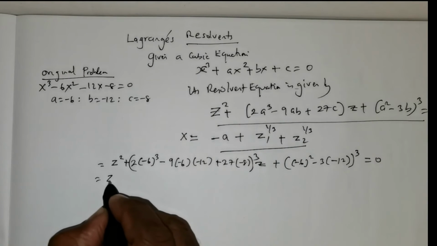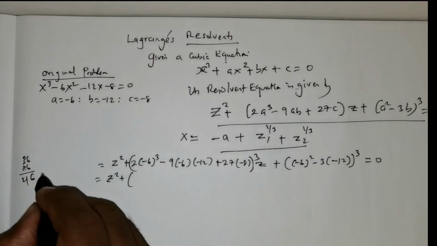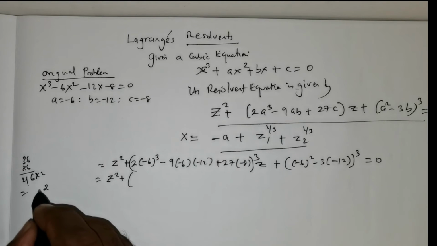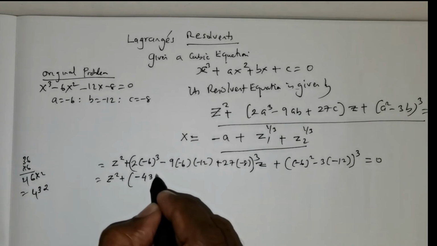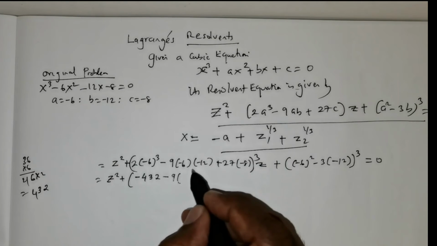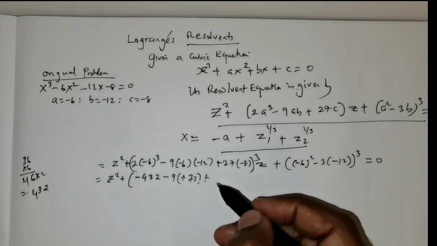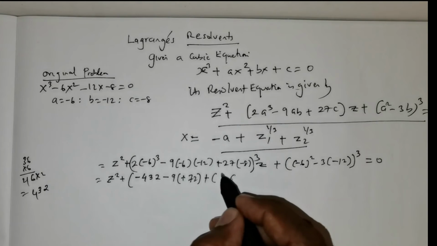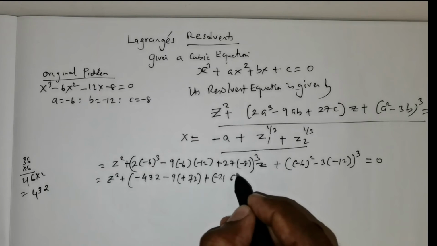So simplifying this, this is 6 cubed, right? Multiplied by 2 would give you 432, so negative 432, followed by negative 9 times positive 6 times 12, which is 72, plus 27 times 8, which is 216, with a negative sign.